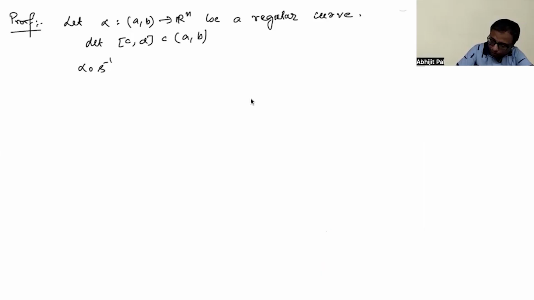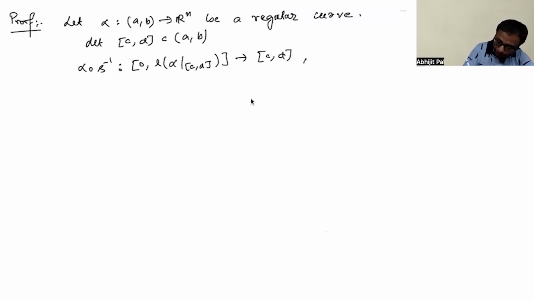Okay. So here note that this S of t is the following integral, where t is varying from C to D. So this alpha compose S inverse is the arc length reparametrization of alpha restricted to CD.